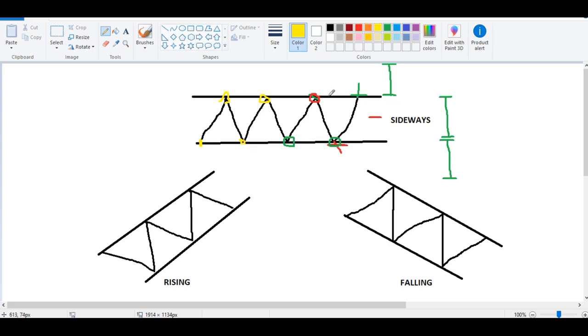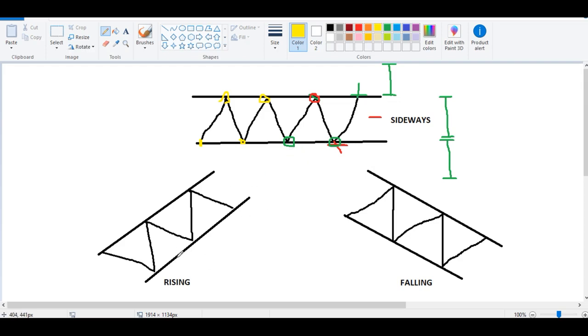And when you see a parallel formation, that is called a channel. So just keep that in mind. We need minimum two swing highs and minimum two swing lows, and if it's in a parallel formation, then it is called a channel pattern. Okay, so these are the two ways we can trade a sideways channel.